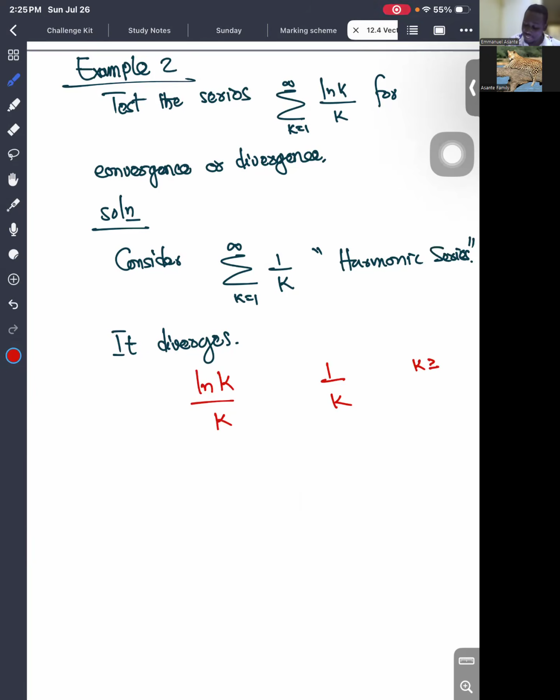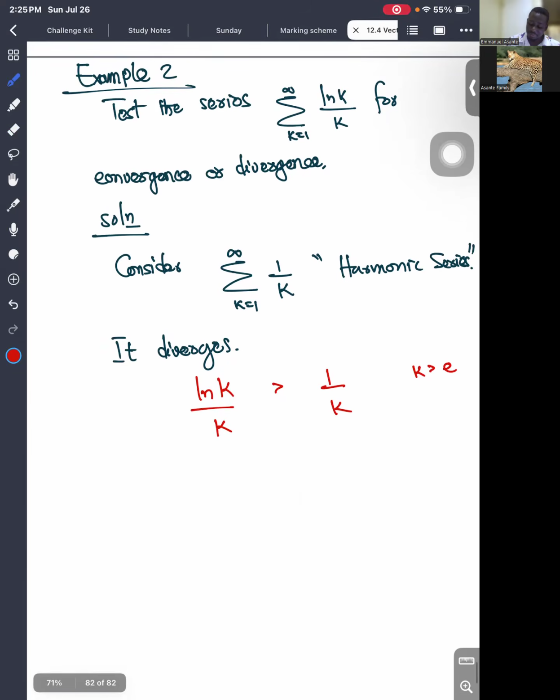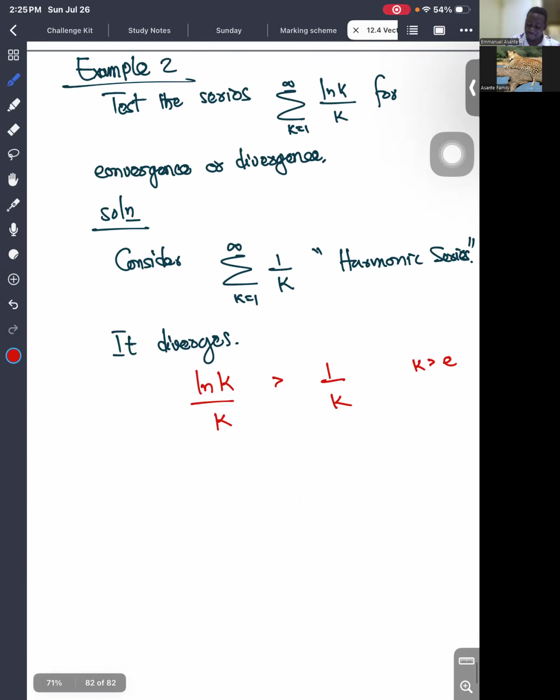So any number after e, let's make it strictly greater than e. For k strictly greater than e, the natural log of k is strictly greater than 1. So you have that this one is greater than this one.